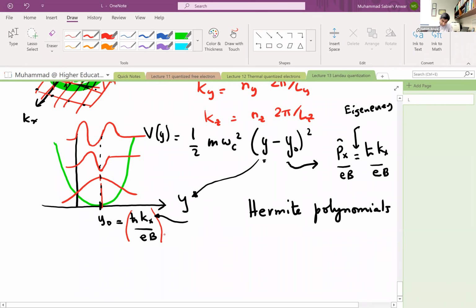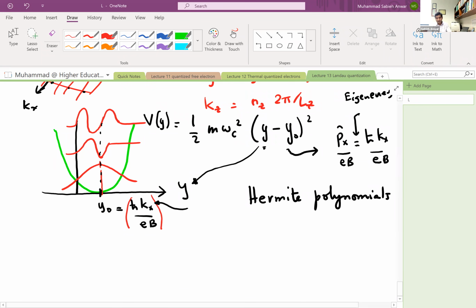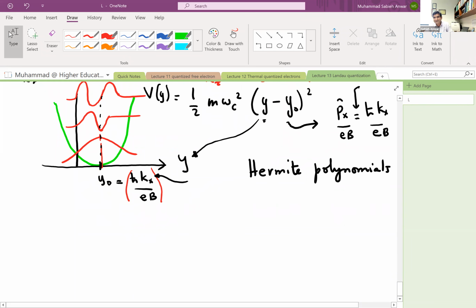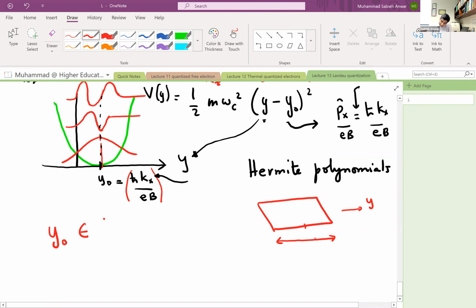Now we also know that if the wave function really exists inside the solid, this y naught has to be within the length of the solid. So let's take this to be the y-axis. So the length of the solid is Ly. We can call this Ly over 2. We can say that this end is minus Ly over 2. So the y naught has to be between minus Ly over 2 and Ly over 2.